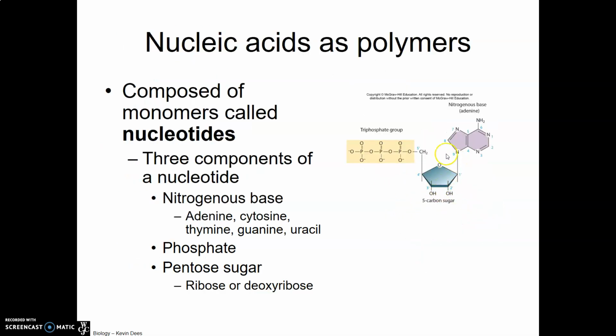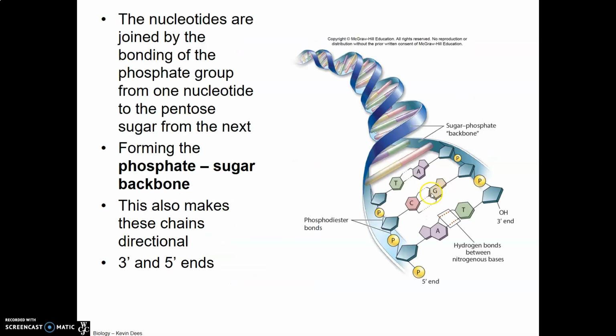Now let's go back for a minute and see where these come from. If we look at our nucleotide and our 5-carbon sugar, we're going to start numbering the carbons here. This is the number 1 carbon, the number 2 carbon, number 3, number 4, and number 5. So an adjacent nucleotide would have the phosphodiester bond occur between the number 5 carbon and this number 3 carbon. And so you can see how this forms this sugar phosphate backbone.